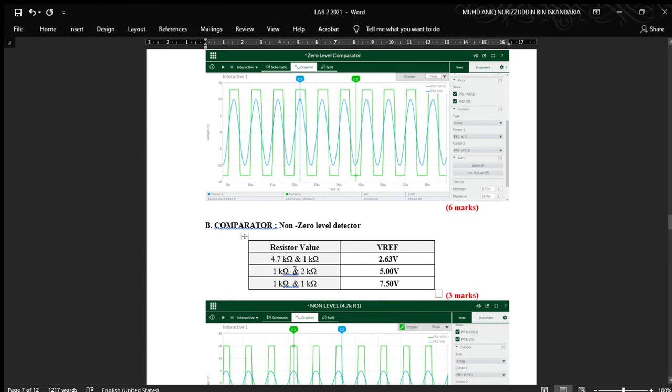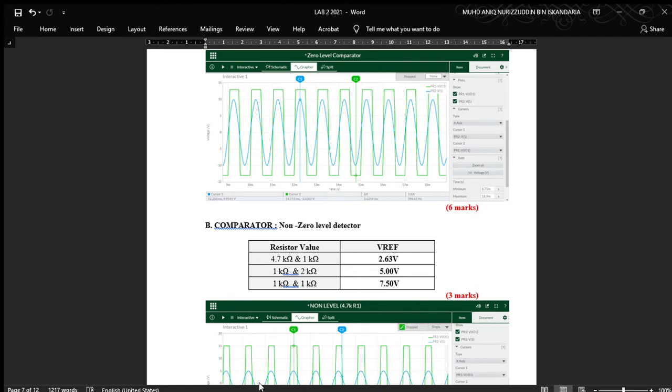So for the non-zero level, there is a rule: when Vref is more than Vin, the output will become positive. Whenever the Vin is more than the reference, it becomes positive maximum.